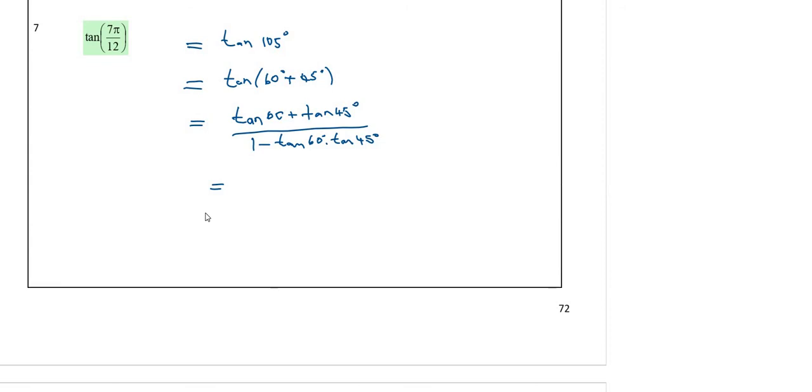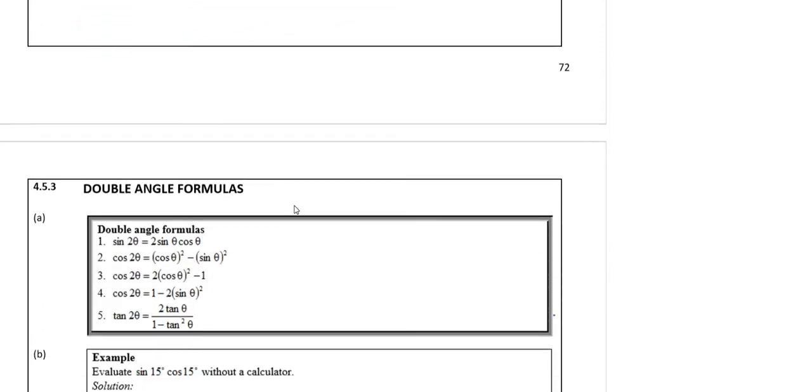So tan 60 is square root 3 over 1, but we can just write square root 3. Tan 45 is 1, over 1 minus square root 3. And for this course, we can stop here. It's also pre-knowledge to remove the surd in the denominator, but for this part of the work, we can just stop there. That will be okay.